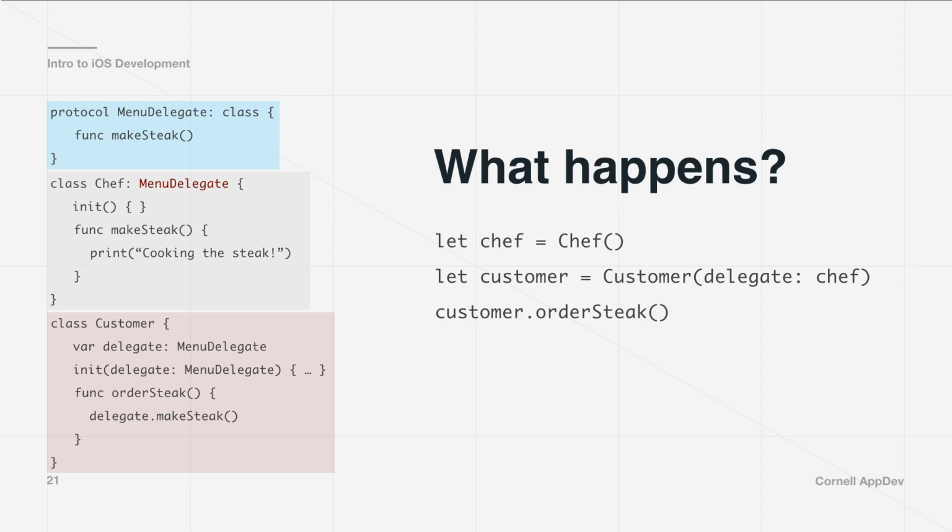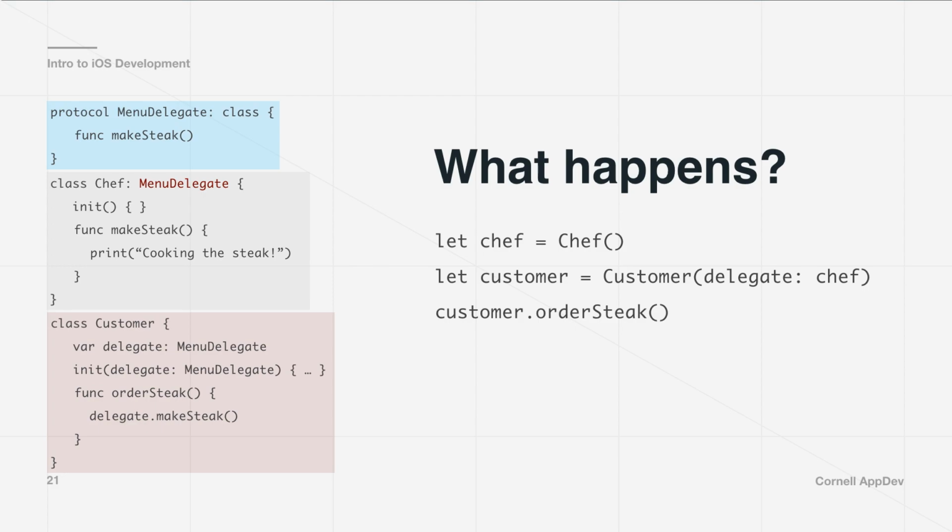Yeah, so it's going to print "cooking the steak". The reason is that since we set the customer's delegate to be chef, when customer.orderSteak is fired, it's going to call delegate.makeSteak, and that makeSteak function is implemented in chef. And so that's why the print statement is going to be printed.